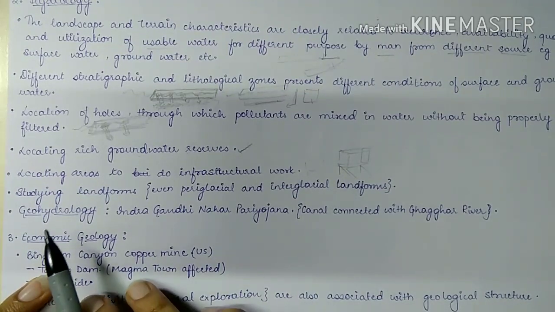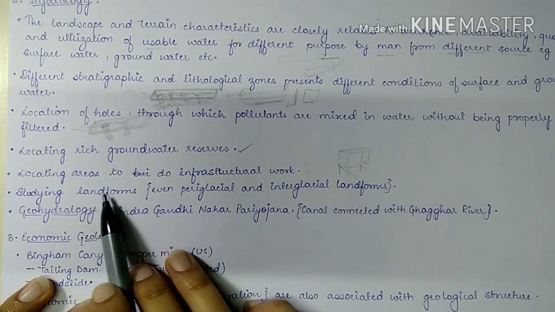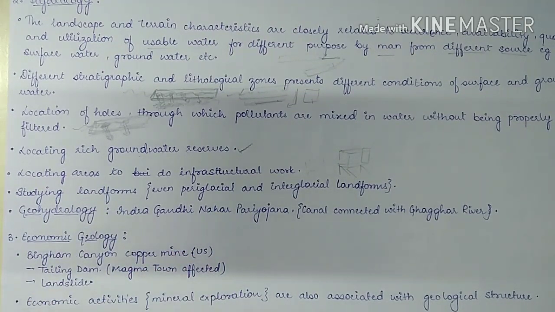Next we have the study of landforms. The geomorphic history of glaciated landscapes, the characteristics of different types of glacial deposits, and landform characteristics help in searching for and determining the water potential of the glacial region.